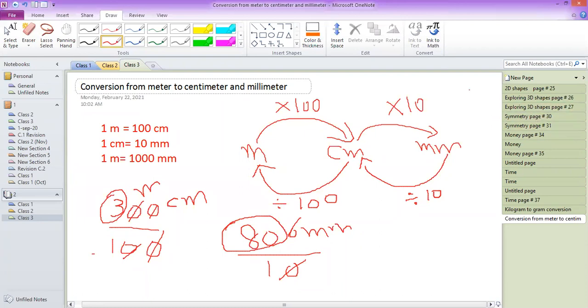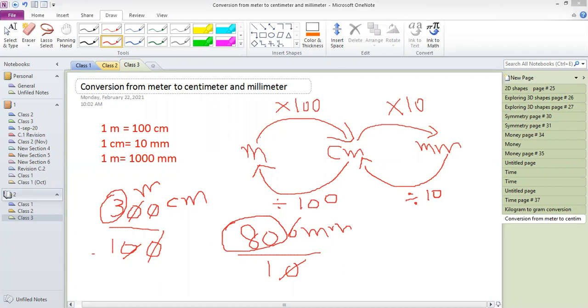Okay, I'm repeating, I have not finished. When you convert a value from centimeter to meter, you will divide by 100. When you convert from millimeter to centimeter, you will divide by 10. And if the value is given in millimeter and you have to convert into meter, that means divide by 1000. So simply you will do the opposite.